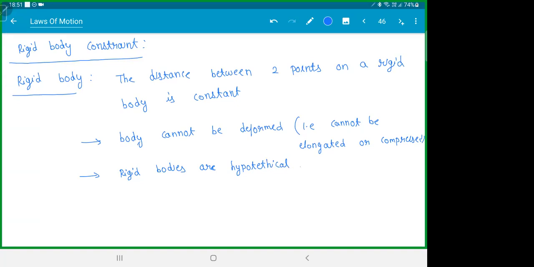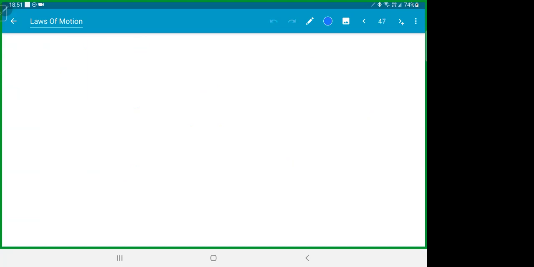So how do we use this concept that the distance can't change? So see, if you consider a rod with ends A and B, with velocities VA bar and VB bar.